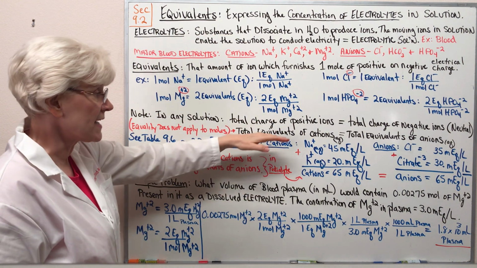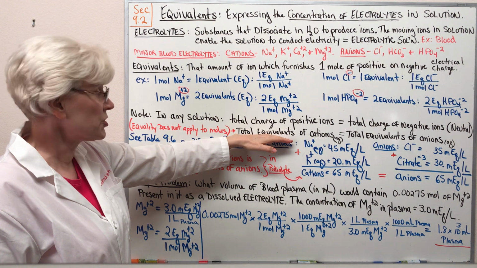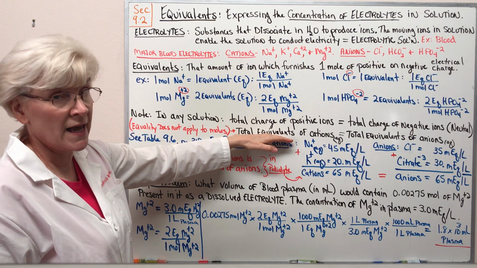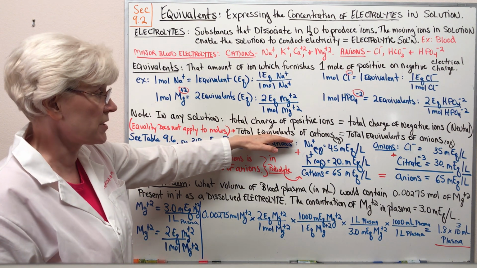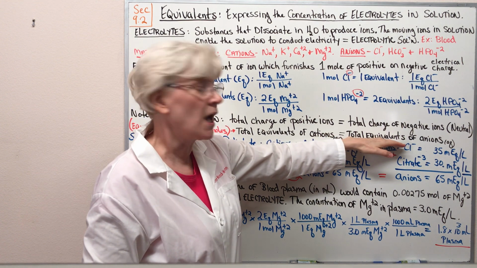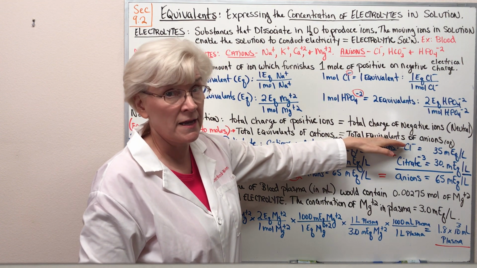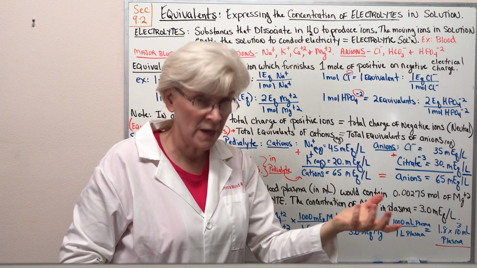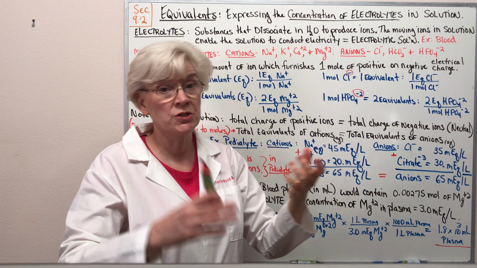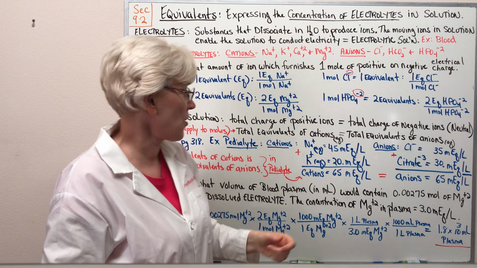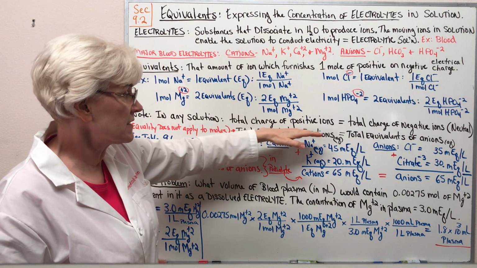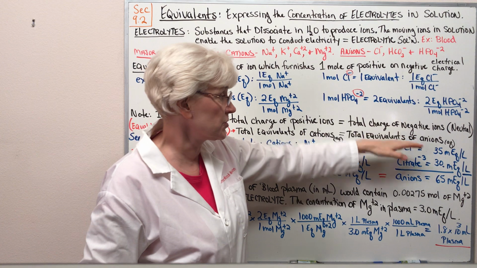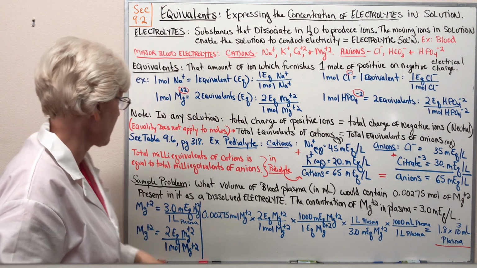If that is the case, then the total equivalence of cations present in the solution has to equal the total equivalence of anions present in solution, because an equivalent is 1 mole of positive charge or 1 mole of negative charge. So total equivalence of cations has to equal total equivalence of anions.